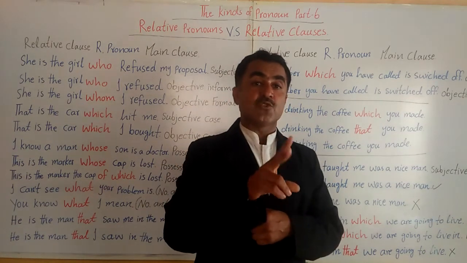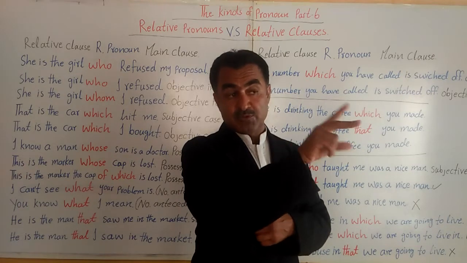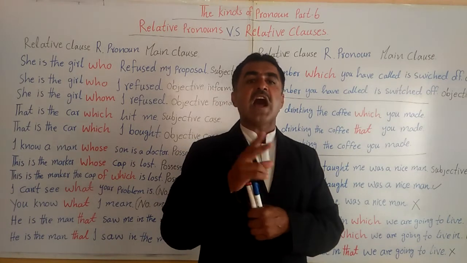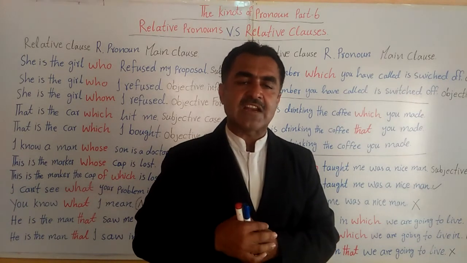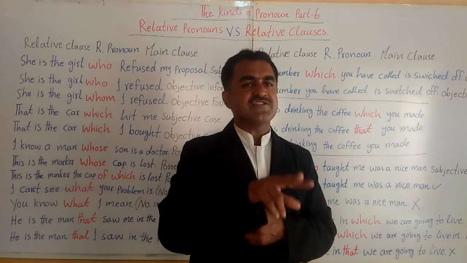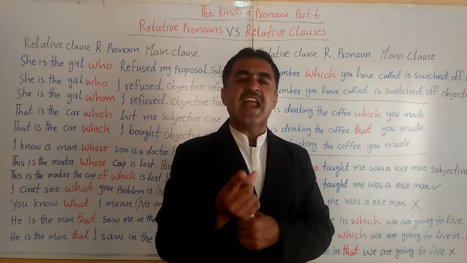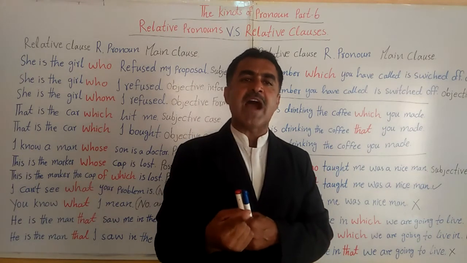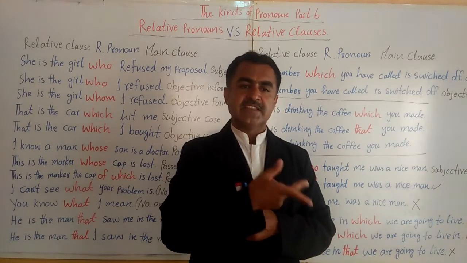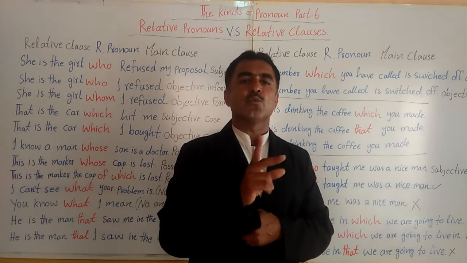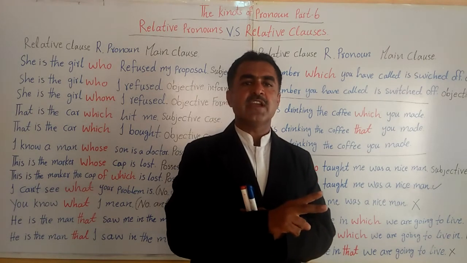Now I will change it when I put the preposition at the end. I like the people that I work with. Now here I've changed whom into that. But in that case, I like the people with whom I work, with, then whom. I cannot say with that.